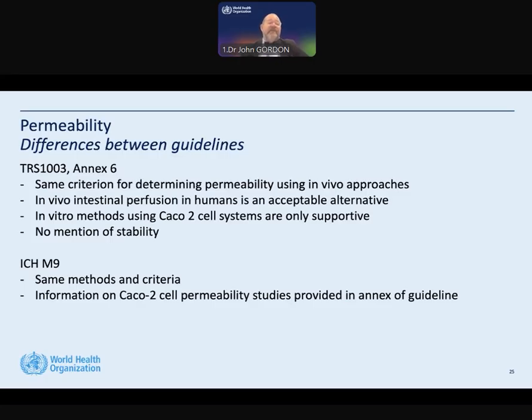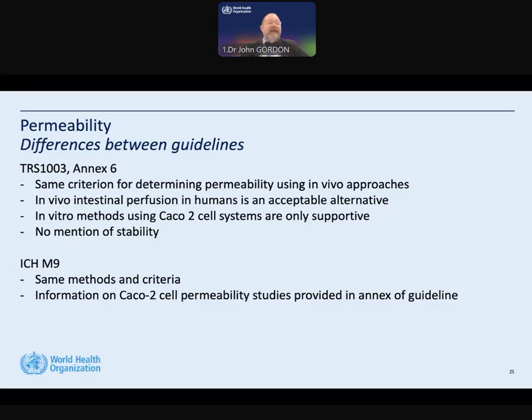However, the in vitro method using Caco-2 cell systems is in the old guide only referred to as supportive data. So based on the old guideline, you would not have been able to confirm a BCS classification based on Caco-2 cell data. Within the new guideline, it can be used for classification purposes. And the old guideline, again, doesn't really discuss stability to the degree that it's discussed in the new guideline.